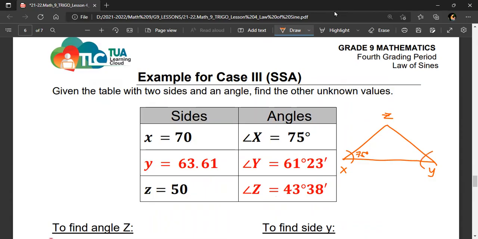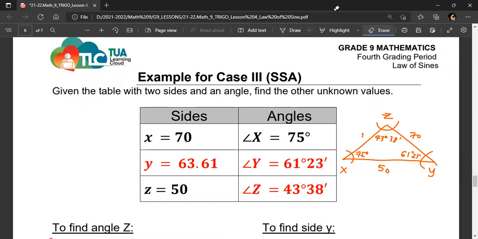The angle Y is 61 degrees and 23 minutes. And the angle Z is now 43 degrees and 38 minutes. For the sides, we have side X, which is 70, side Y as 63.61, and side Z, which is 50. If you notice, all three angles and all three sides are now present.